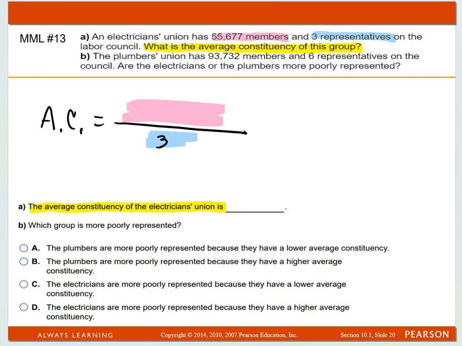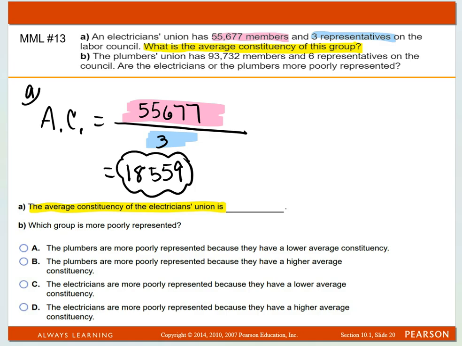So 3 down here and 55,677 goes there. And when I divide, I get 18,559. And that's the answer to Part A. So that goes right here.